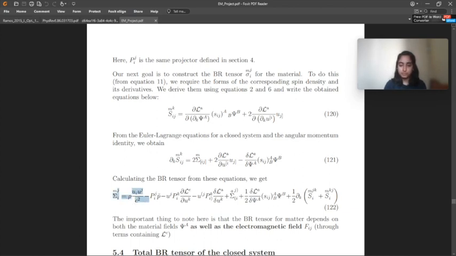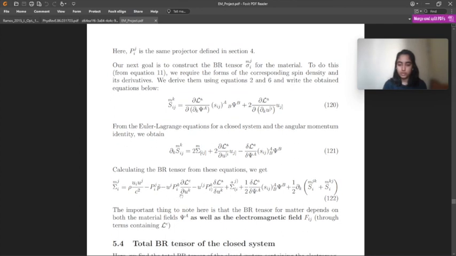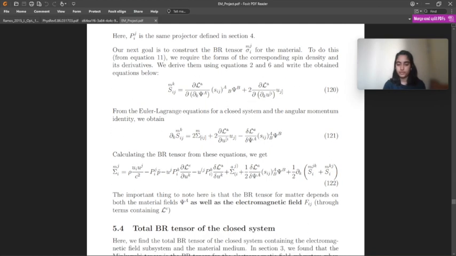tensor. An important thing to note here is that this is the BR tensor for just the matter fields, and this depends on the Lagrangian for the electromagnetic fields in this term here, and it also manifests itself in the effective pressure term.